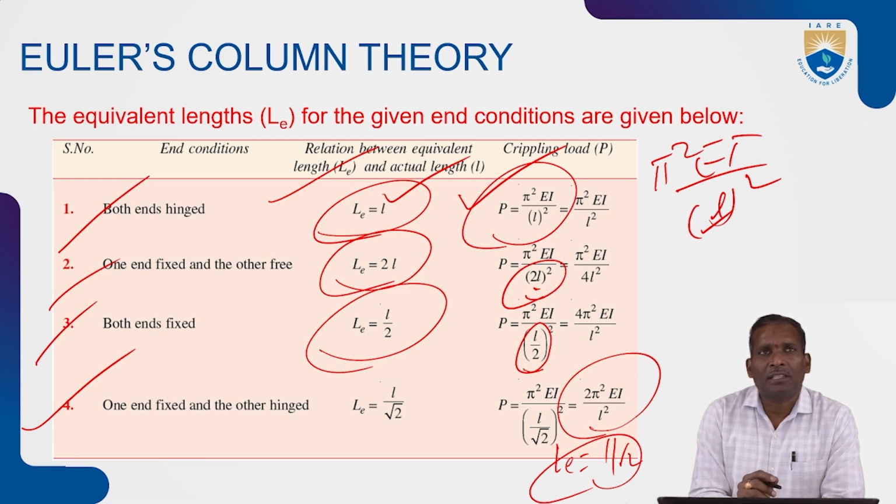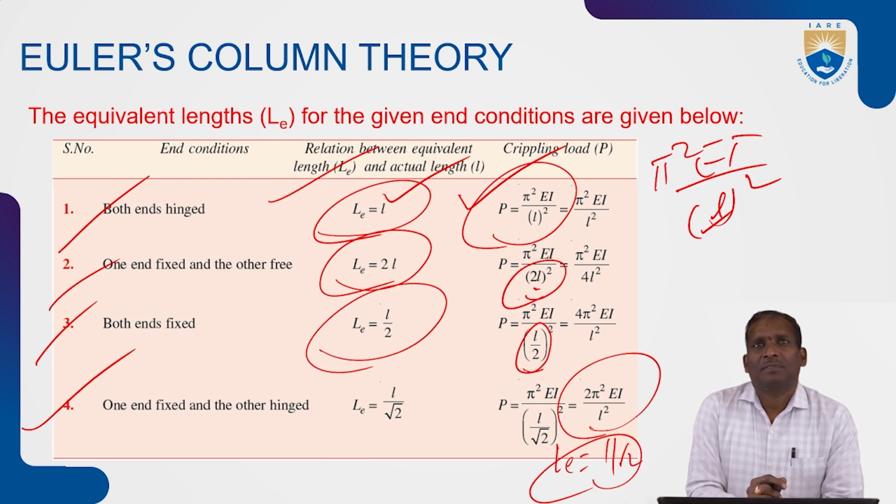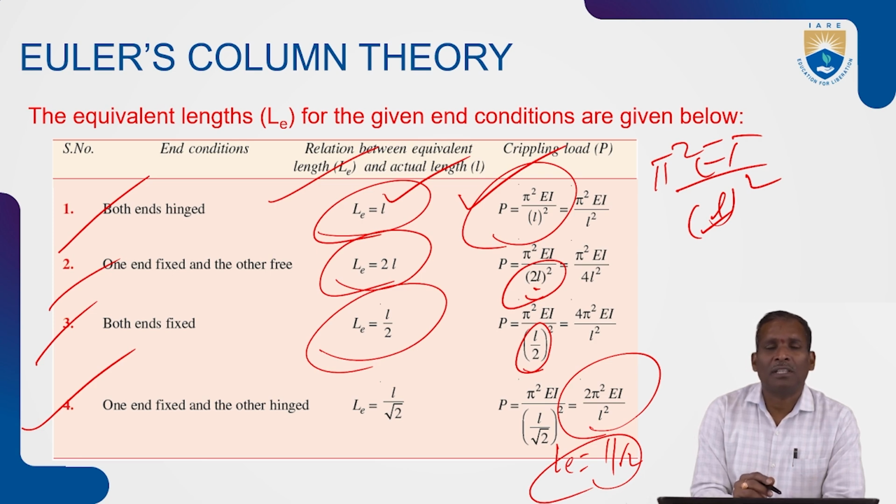Suppose you take both ends hinged. What is the equivalent length? The actual length is L. So in the both ends hinged case, the equivalent length is L only, the same length. There is no change. But while solving problems, you need to substitute the given actual length.